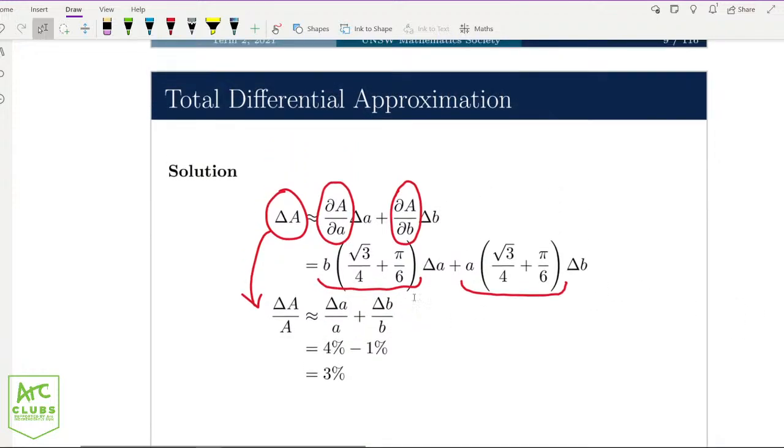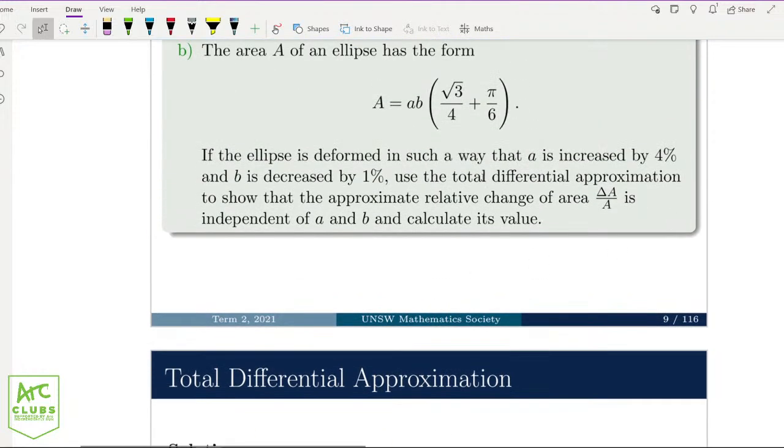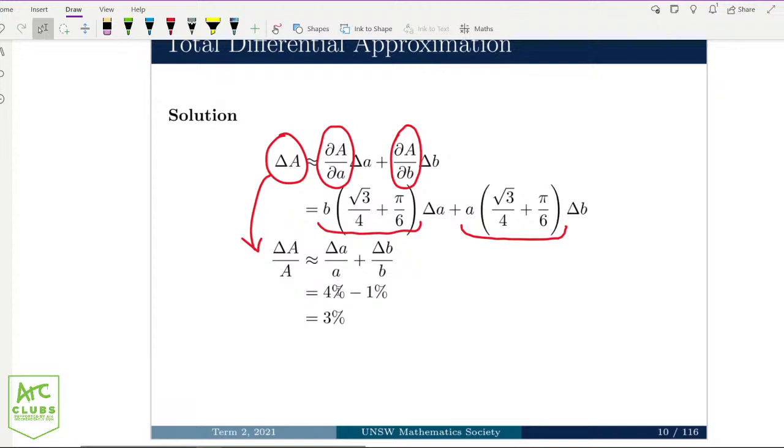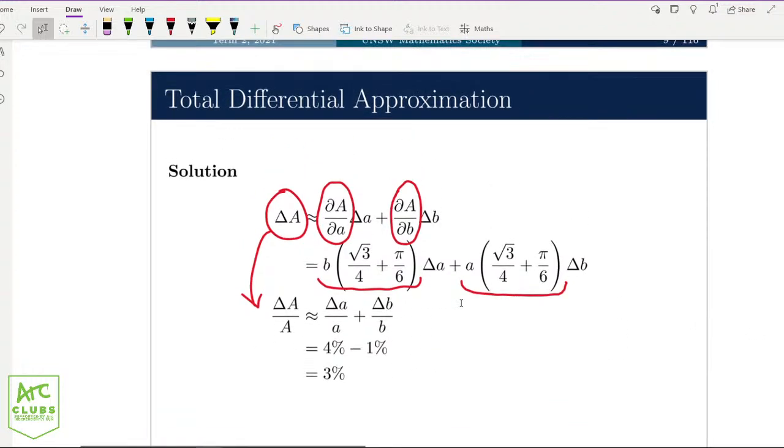Whereas on the other hand, delta B on B, which is the relative change in B, is essentially decreased by 1%, so negative 1%. So that's how we actually get that 4% minus 1%, which gives us a final answer of 3%. And as you can see, this is indeed, as the question suggests, independent of both the actual values of A and B, because we're only interested in the relative change, not what A and B actually are.